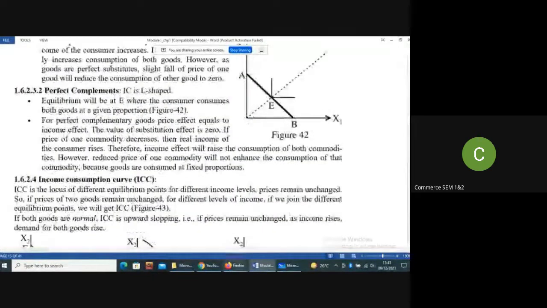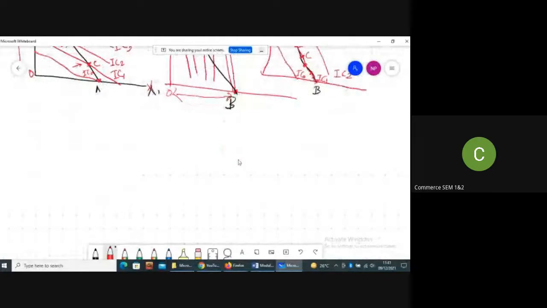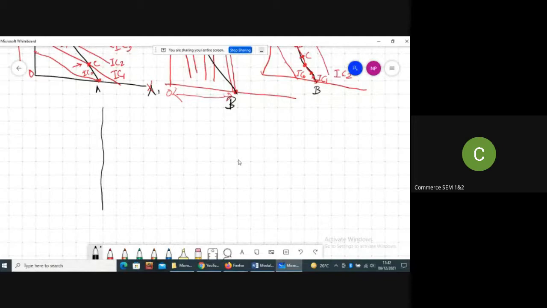Now, what about the perfect complements? For perfect complements, first you draw a line through the origin like this, which is the ratio in which the two commodities are complements to each other.